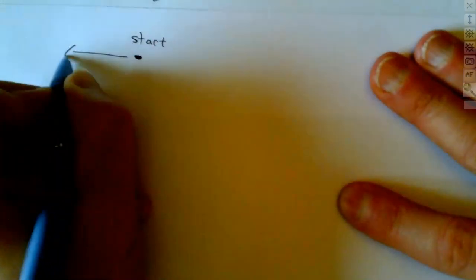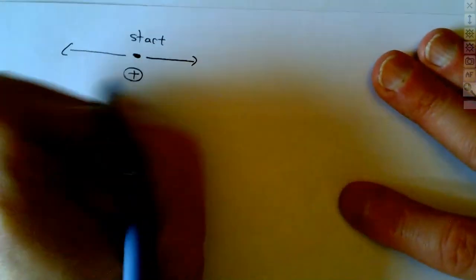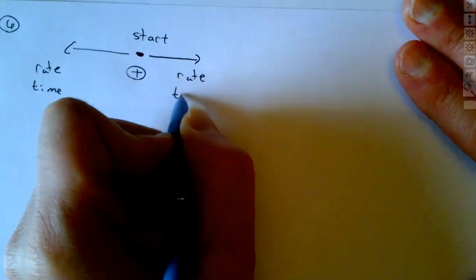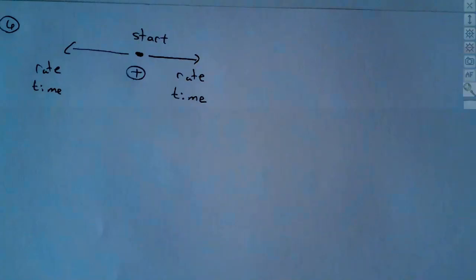So from a point, this is where we start from. They're going in opposite directions. And if they go in opposite directions like this, it means they add together. Each of these is going to have a rate and a time. We'll use the rate and the time to find then the distance.